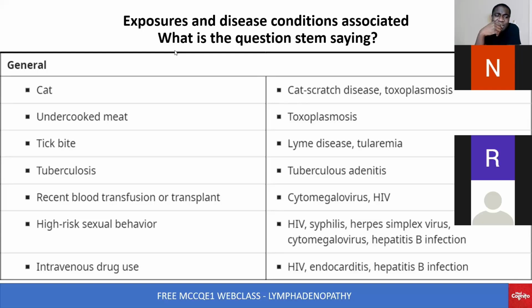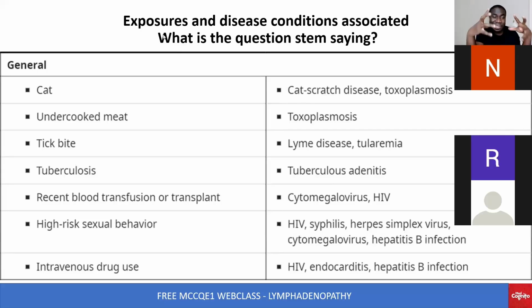But then the question says that the patient recently attended a party of a friend, and during the party, meat was cooked. As soon as you hear that, you remember this table, and you can link undercooked meat with toxoplasmosis. All you need to do is go to the options and look for where toxoplasmosis is, because it is an exam taking strategy.